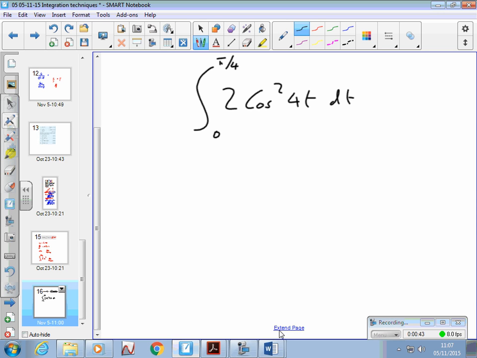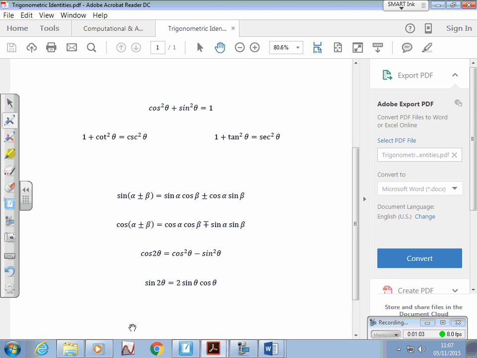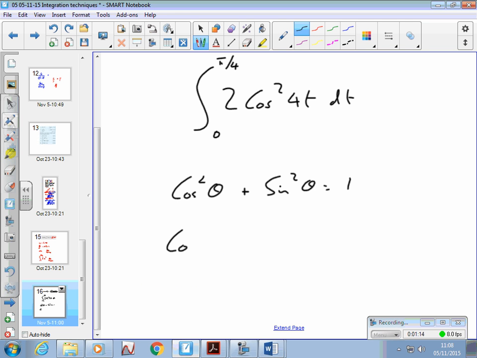We know that cos squared theta plus sine squared theta is 1. That's one of the trigonometric identities we had there. And we also know from our table of trigonometric identities that cos 2 theta equals cos squared theta minus sine squared theta.